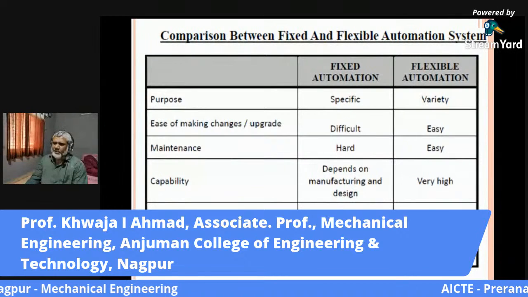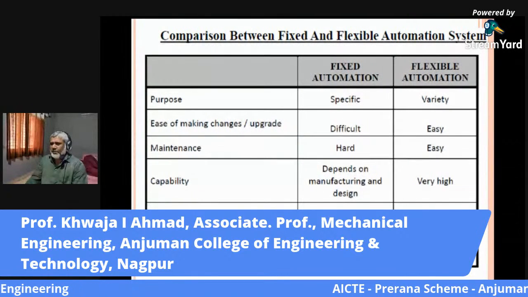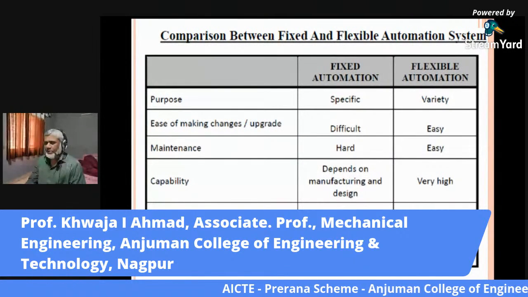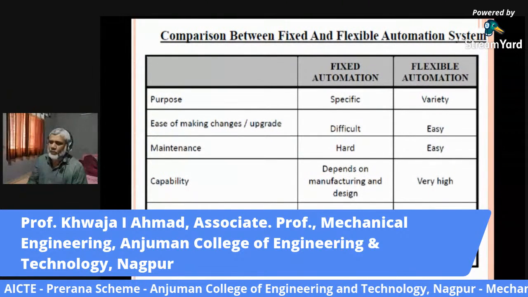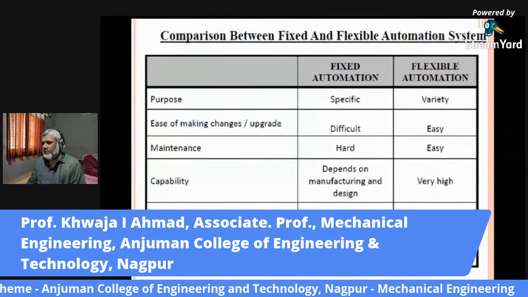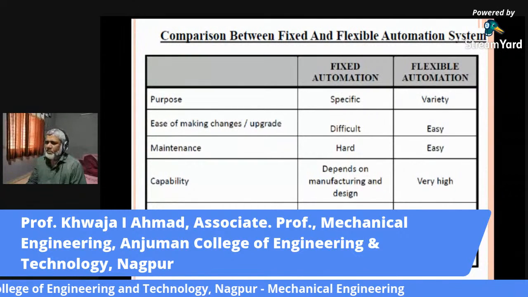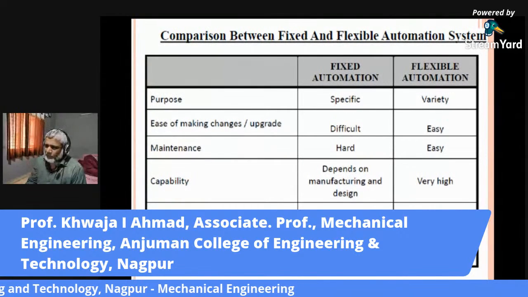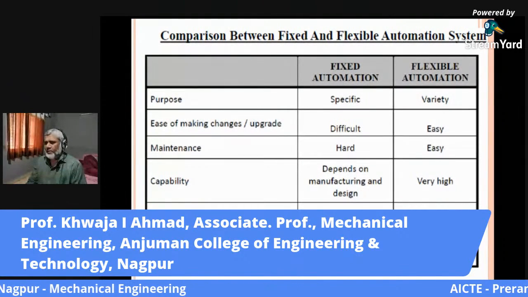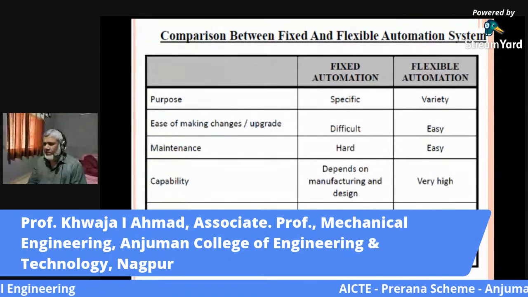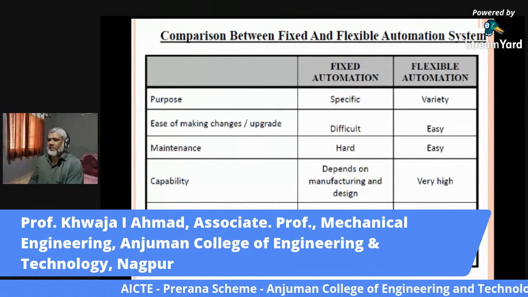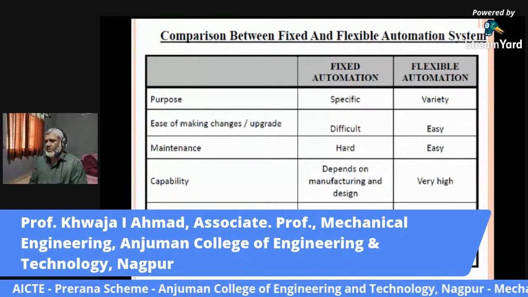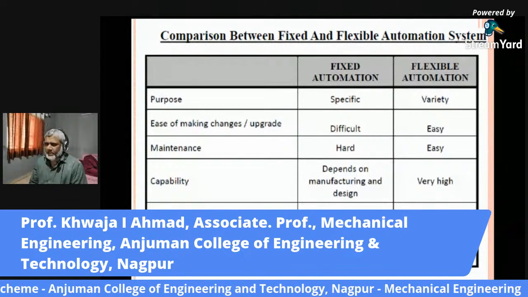Whereas maintenance is hard in fixed automation, it requires much more concentration, much more special machines, much more skilled labor. Whereas in flexible automation, it is easy because there are some standalone machines also. So it becomes very easy, and the machines in flexible automation are of general type, so they require general type of maintenance.